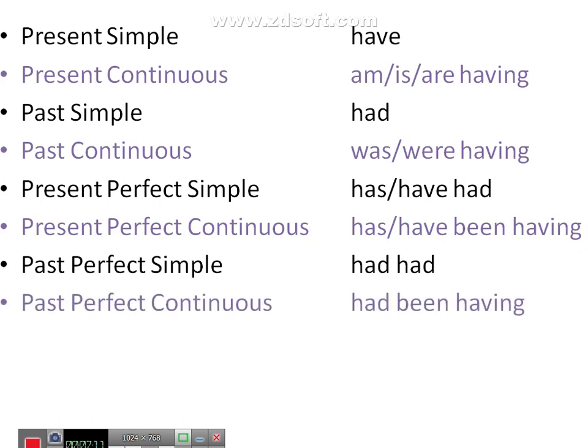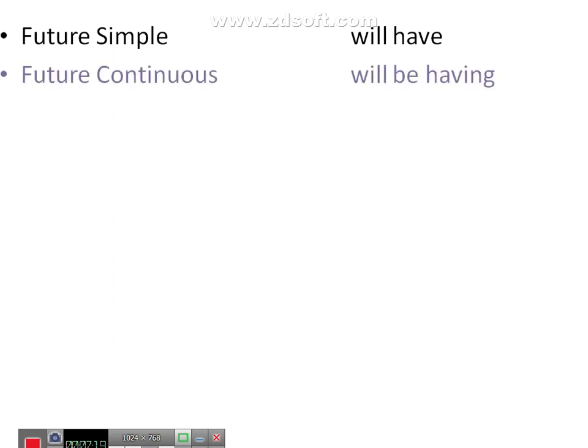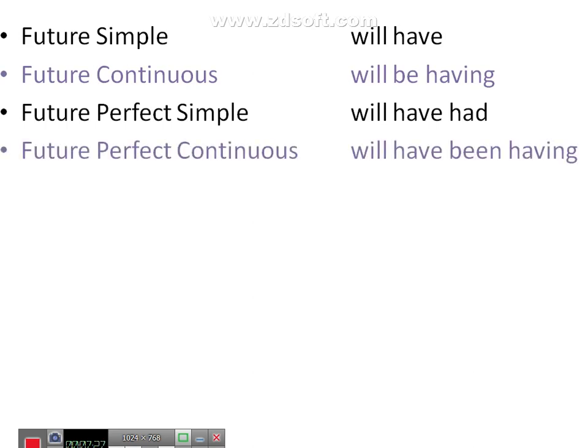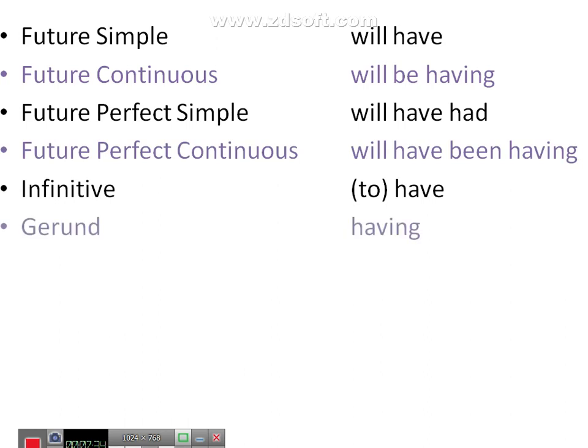Past perfect simple, had. Past perfect continuous, we use had been having. Future simple, we use will have. Future continuous, will be having. Future perfect simple, we use will have had. Future perfect continuous, will have been having. Infinitive, we use to have, and the gerund, having.